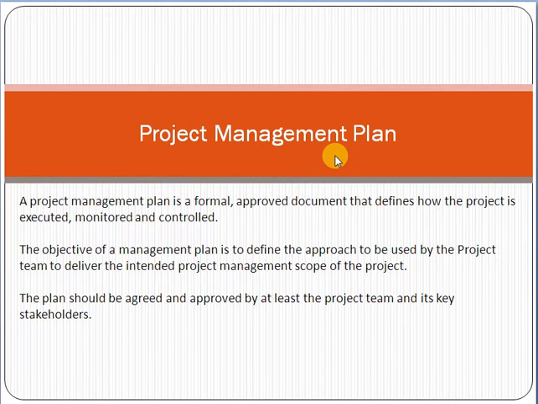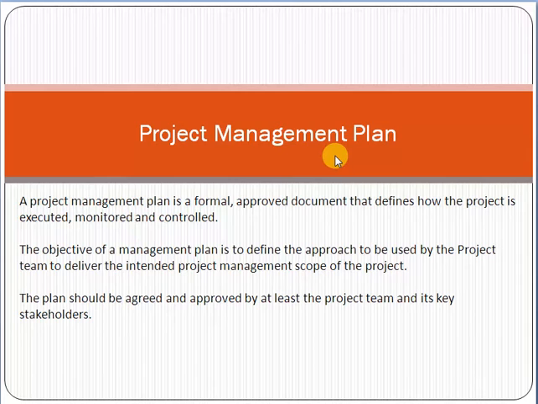Here comes a very important misconception, friend: even most people, even project managers, think that the project management plan means a project schedule. Even the customer thinks the project management plan is a simple schedule: when the activities are starting, when they will finish, and who will be assigned to accomplish each task.